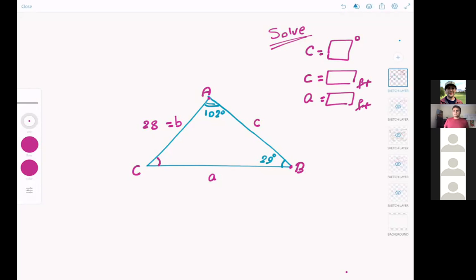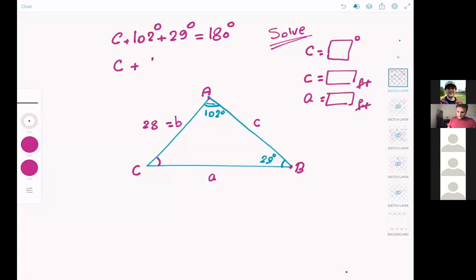Now I'm going to ask Edison, which one is easy to find here? The angle of C. Excellent. The angle of C is easy because if we add them, C plus 102 degrees plus 29 degrees equals 180 degrees.